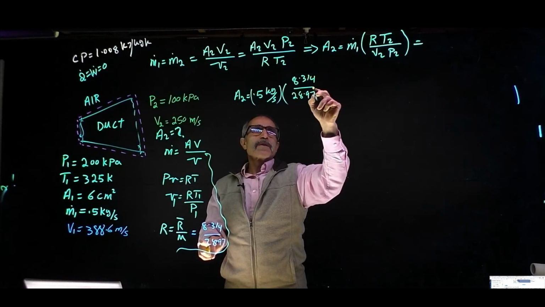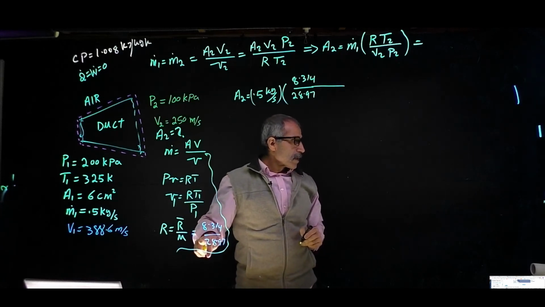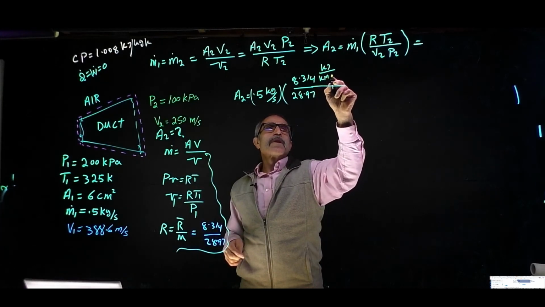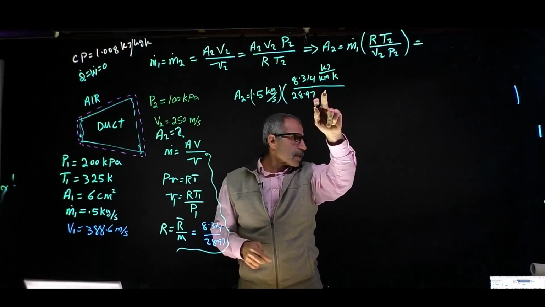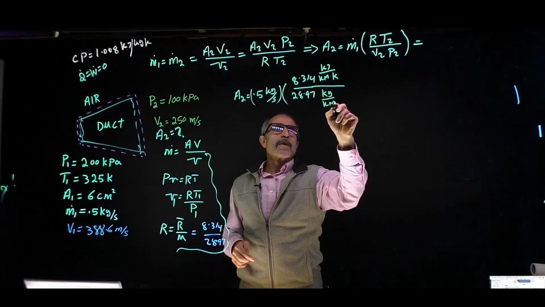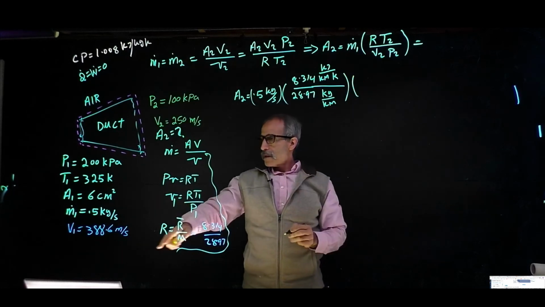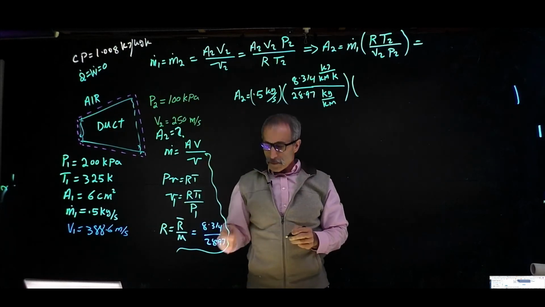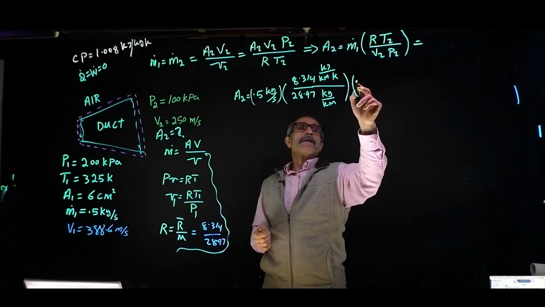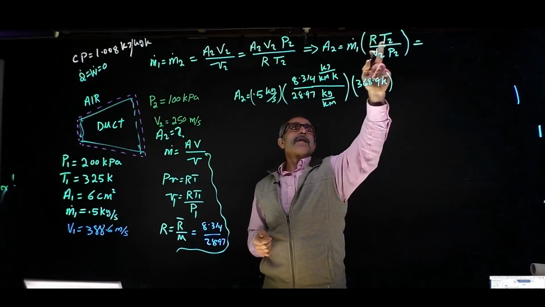And of course, we've got to do all this unit, which is kilojoule per kilomole Kelvin, and this one is kilogram per kilomole. Good. So we got that. T2 was in Kelvin, which we calculated. I know we did, but I just erased the 2. It was 368.9 Kelvin.